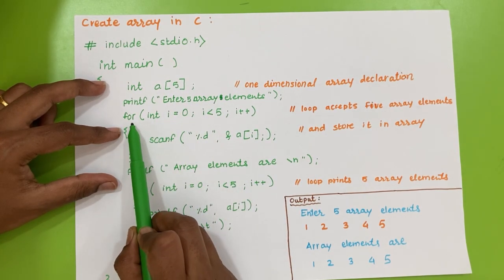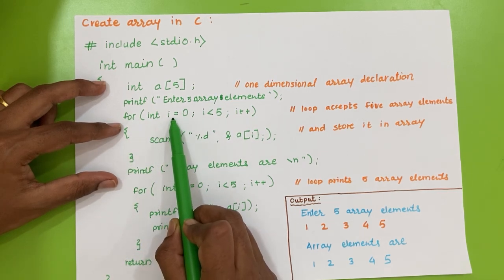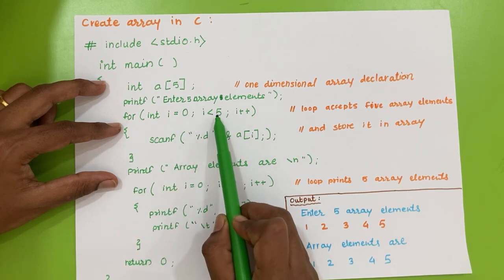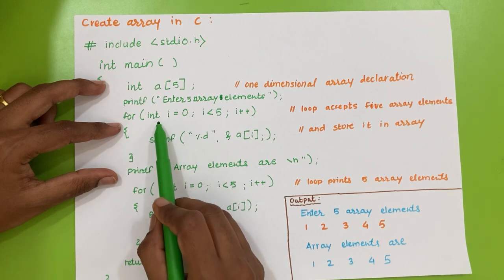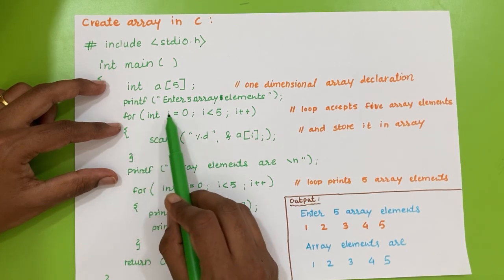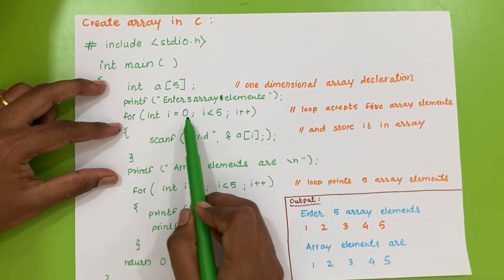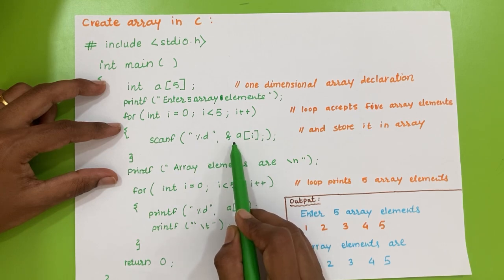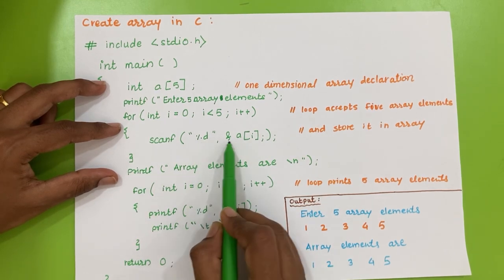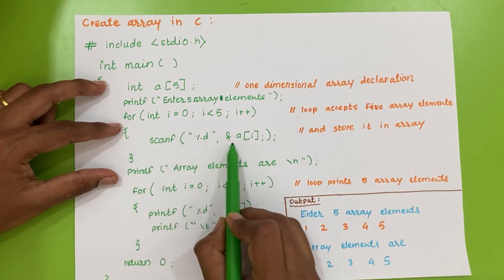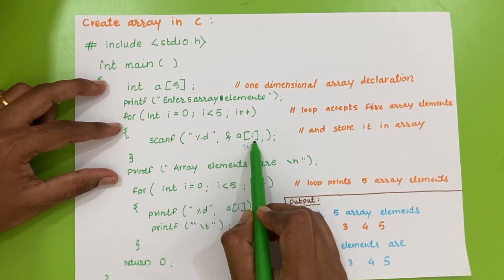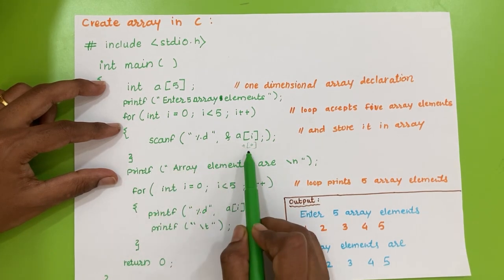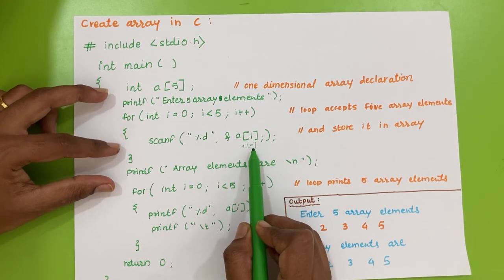I have started my index from i equal to 0 and it will run until i is less than 5. For the first iteration, i will be 0 and the first element will be accepted from the user using the scanf function, and it will be stored at a[0].